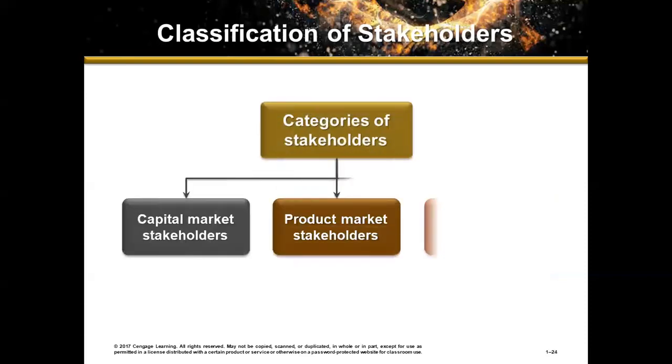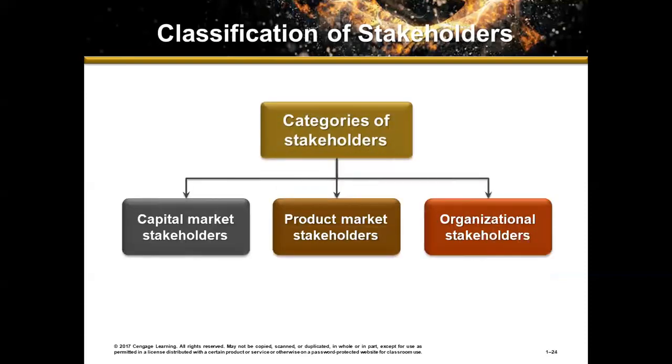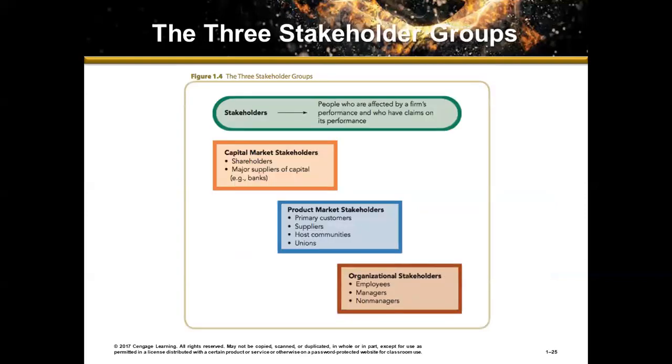Here are different classifications, or categories, of stakeholders. You have capital market stakeholders, product market stakeholders, and organizational stakeholders. Stakeholders are people who are affected by a firm's performance and have claims on its performance.